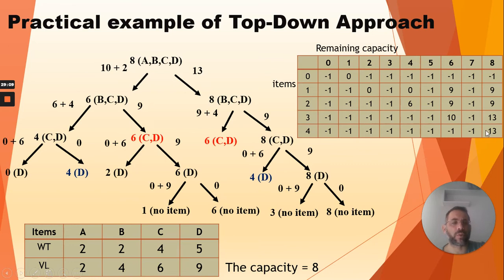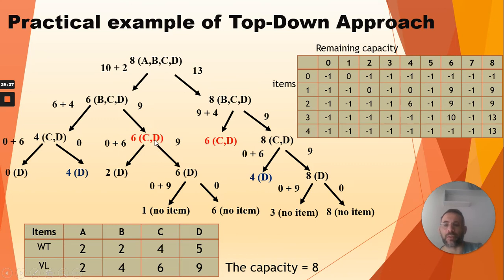Also, until we reach the last cell, this cell represents the optimal solution for the main problem as a whole. Here we also have to point out this red colored cell. Here is the overlapping.